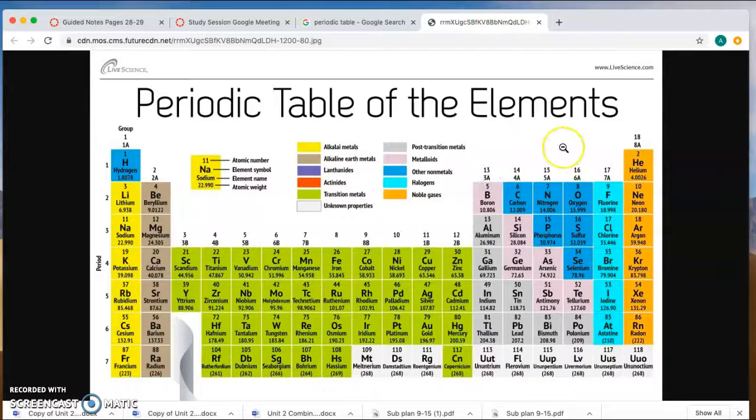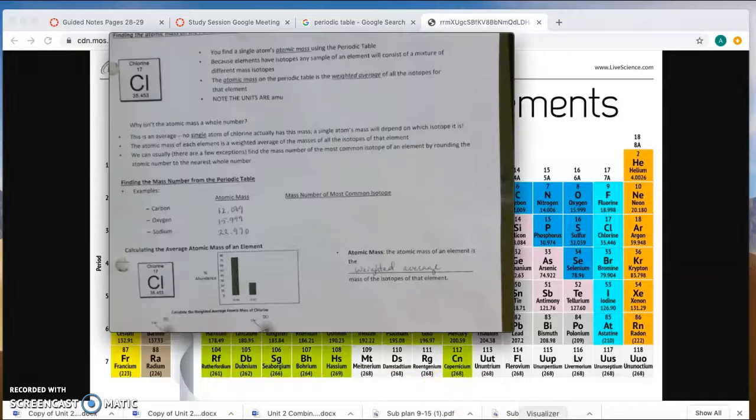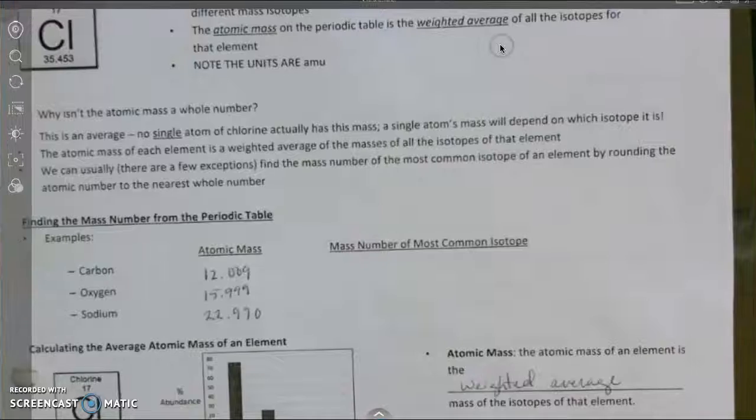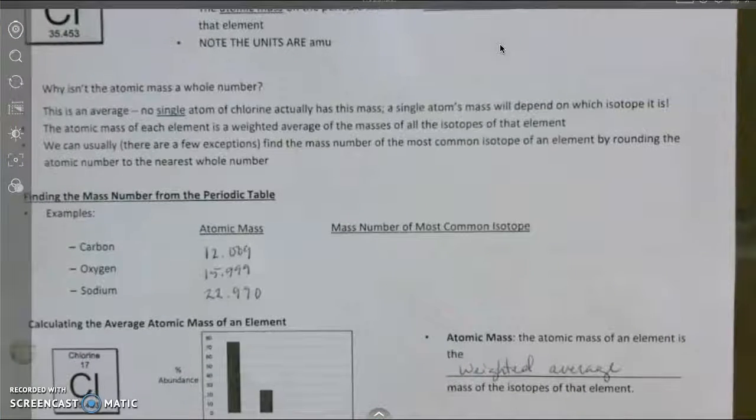Carbon has an atomic mass of 12.009, and then oxygen has an atomic mass of 15.999, and sodium over here has an atomic mass of 22.990. Okay, so those are my atomic masses.